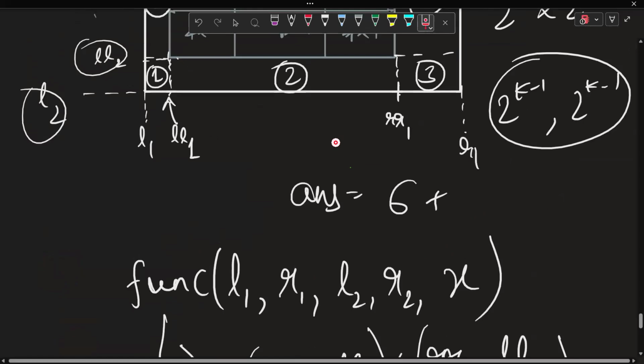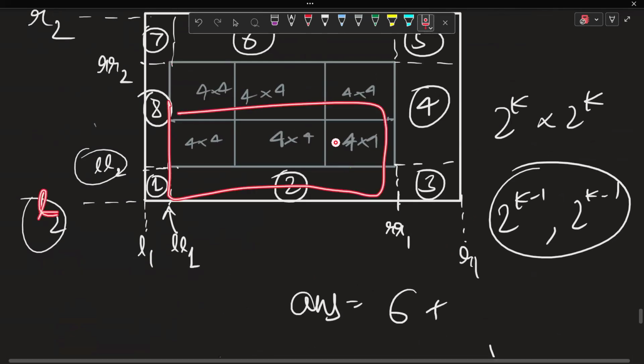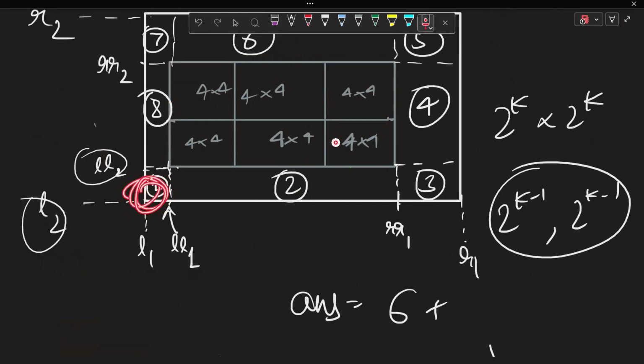Your base case would be, let's say while dividing, this square falls here. So this L2 and LL2 would be equal. So basically these parts would not exist in that case.